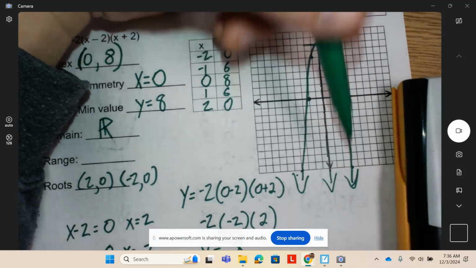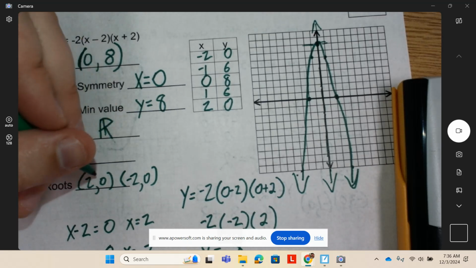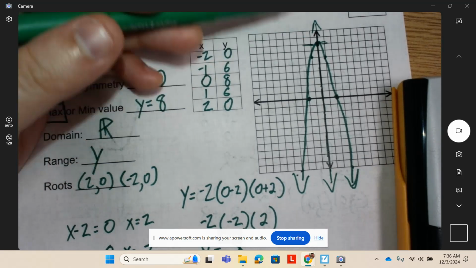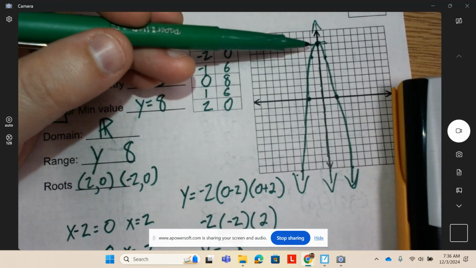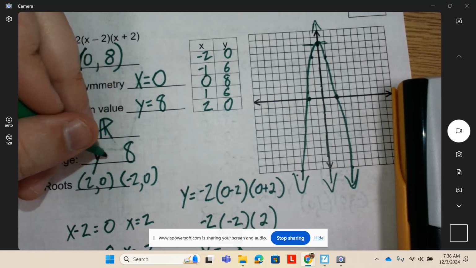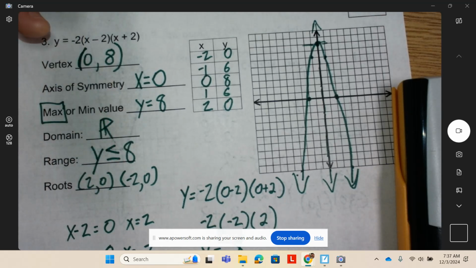And then I'm hitting y values all the way going down. So for this one, y is not greater than 8. It's everything that's smaller than 8. So every y value I have is going to be less than or equal to 8.